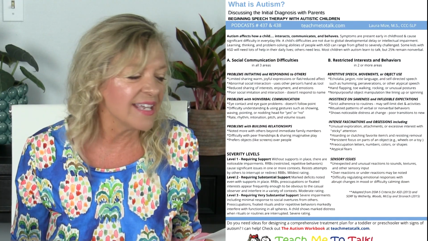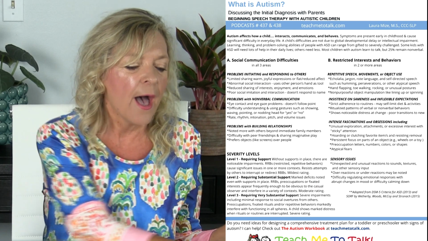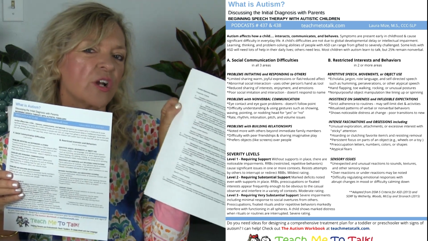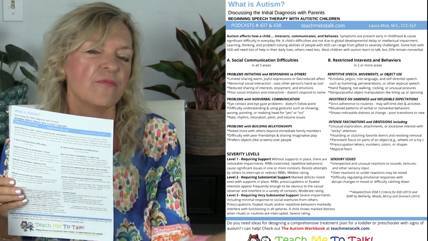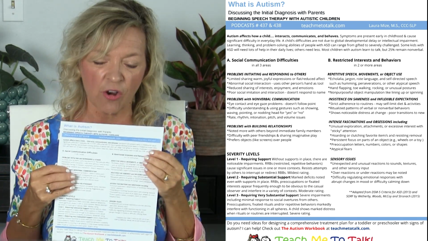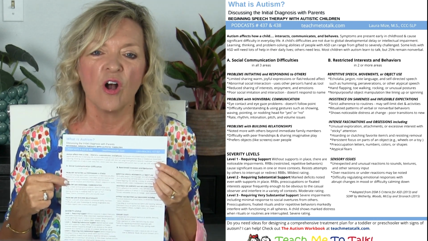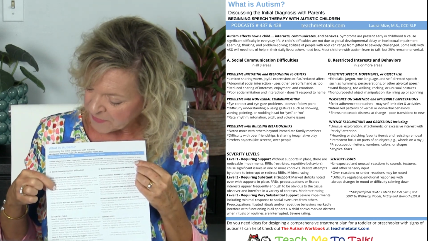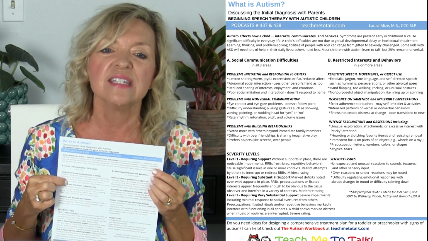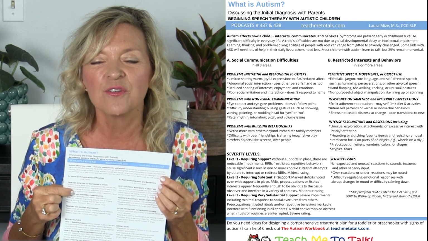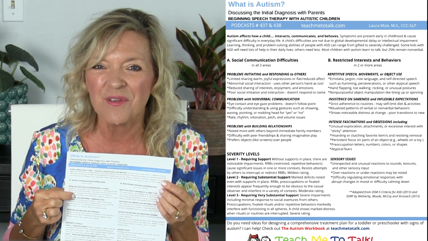All right, so let's take a look at the tool first, so that I can explain. I think it's a little more clearly explained than looking at the official diagnostic criteria here. But there are 2 sections when we are looking at the criteria for autism. Section A, social communication difficulties. This is how a child interacts and communicates. And remember what we said at the beginning, that autism affects what?